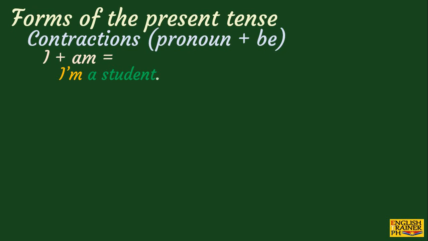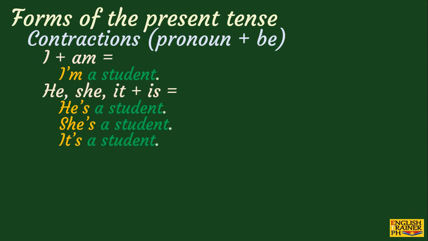To make you sound more natural, we need to use contractions, especially with verbs like be and do. So instead of saying I am a student, you can say I'm a student. The contraction of I and am is I'm.